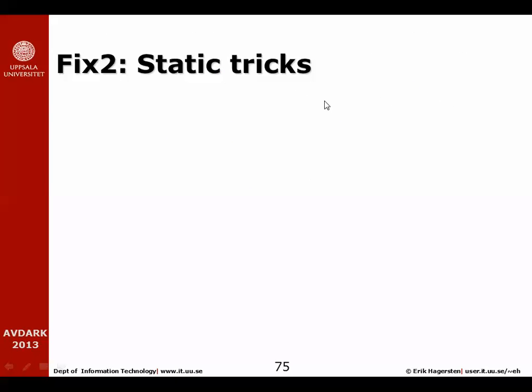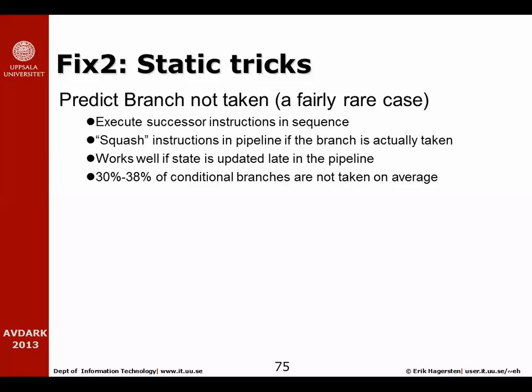Another trick, so that was the dynamic trick where we had the hardware solve the problem. Another solution would be a static trick. So the static trick would be to have the compiler solve the problem, at least in most cases. So what we could do, for example, is just by convention, we can ask the compiler, could you produce two different kinds of branches?